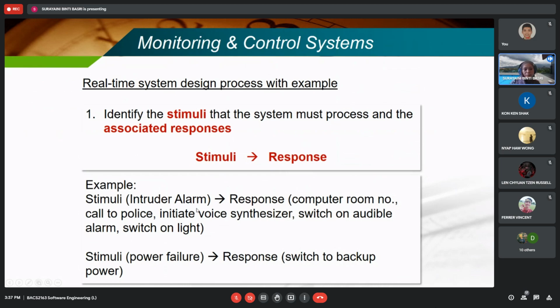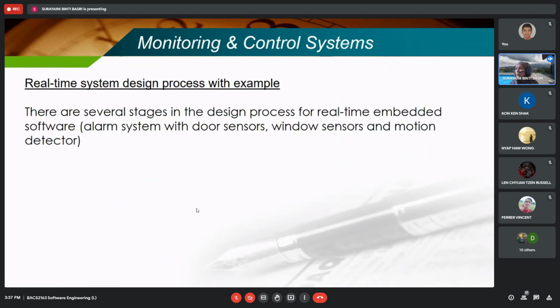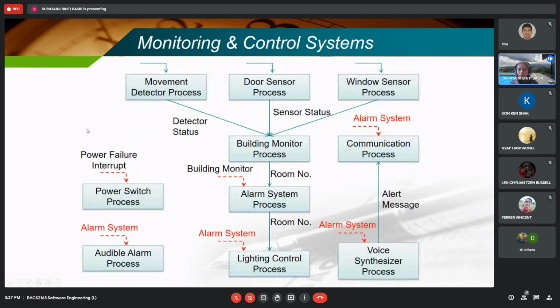Okay, so there is another stimulus which is the power failure. If you remember from our earlier slide, another stimulus is the power failure interrupt.